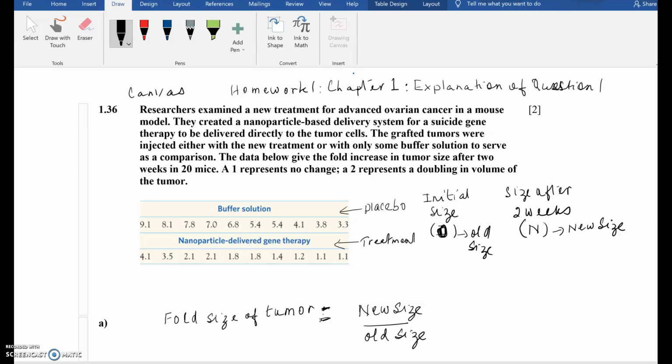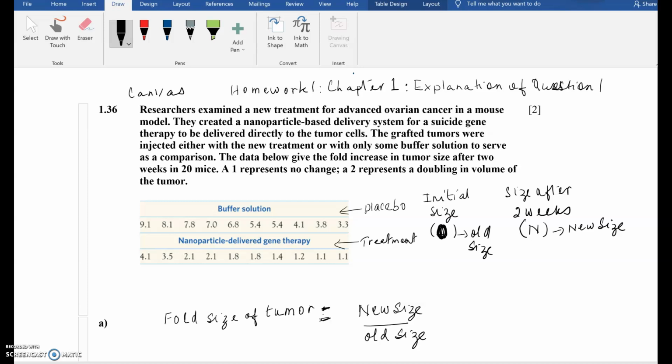They want to test how effective this new treatment is in either reducing the size of the tumor or controlling the size of the tumor. So let's look at how this is measured. What they have here, these numbers are the ratio, and this is how the ratio is measured. At the beginning of the experiment, that is before the treatment is administered, the size of the tumor is measured.